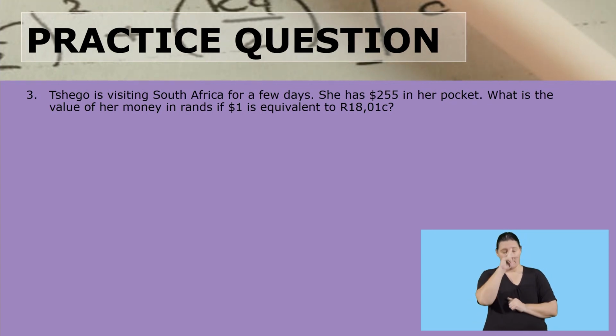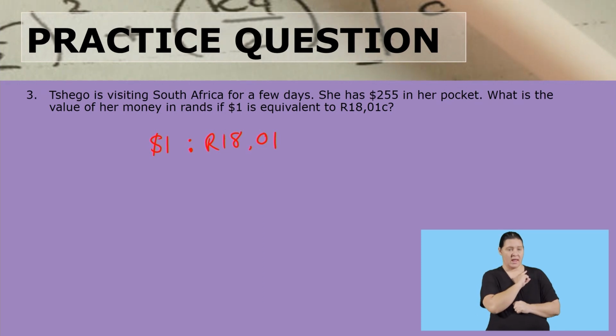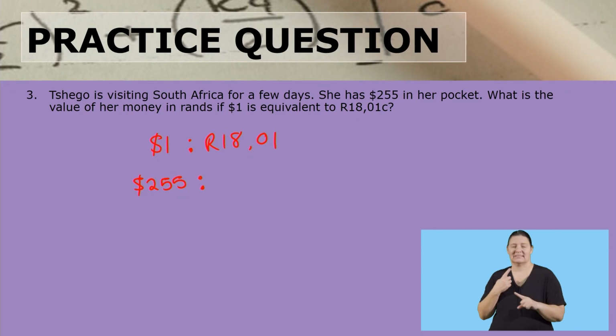So remember, we are working with a rate here where we are comparing $1 with 18 rands and 1 cent. But because we are actually looking for $255, remember, how do we move from $1 to $255? That is through multiplication. We are going to multiply that 1 with 255.